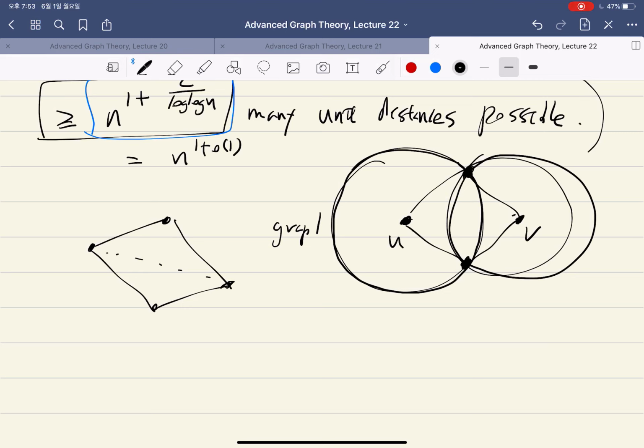If you take two circles, they intersect at most at 2 points. So the common neighborhood of u and v has size at most 2. This means that it doesn't contain K_{2,3}.